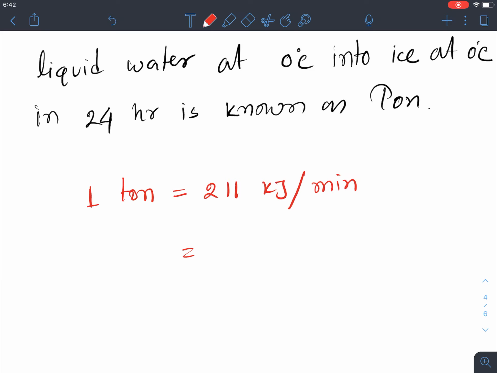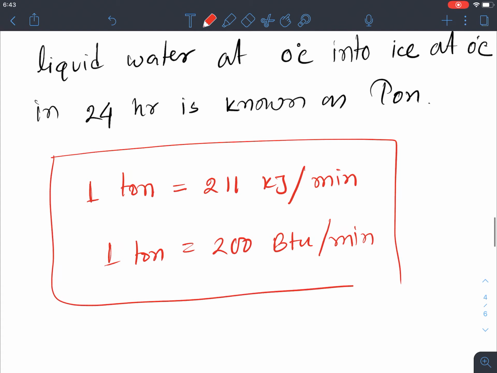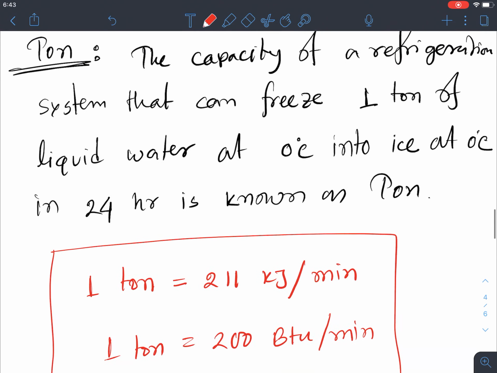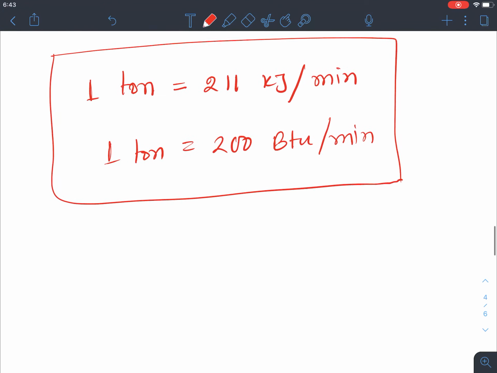Or if we express it in BTU, 200 BTU per minute, 1 ton. Okay, so now we know the definition of the ton, or the definition of the cooling capacity of a refrigerator.